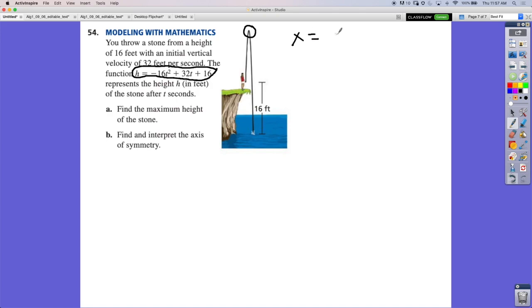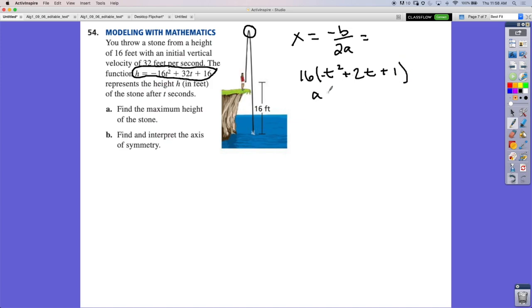X equals the opposite of b over 2a. So first thing we can do with this problem is factor out a 16, which makes us negative t squared plus 2t plus 1.